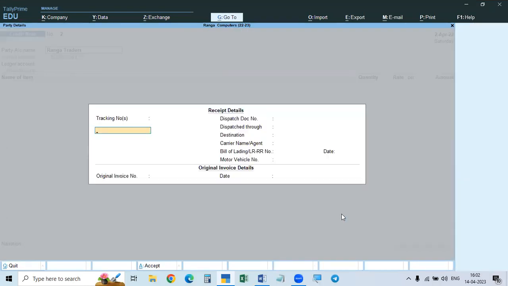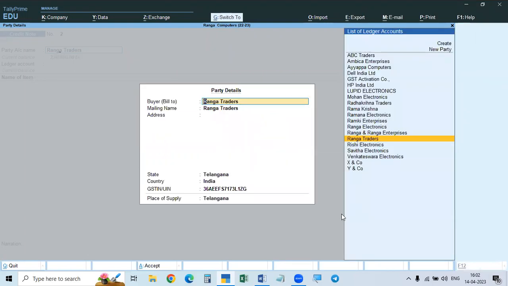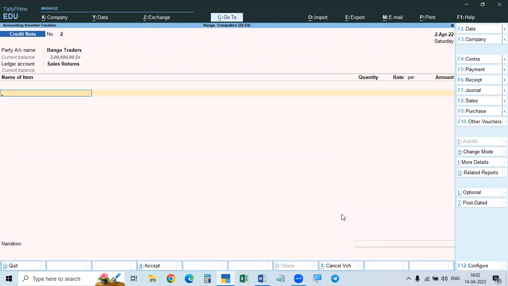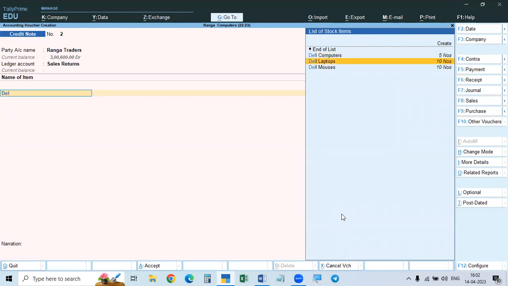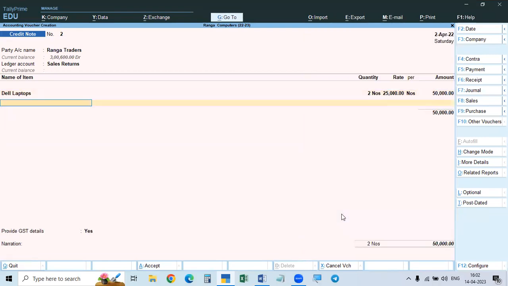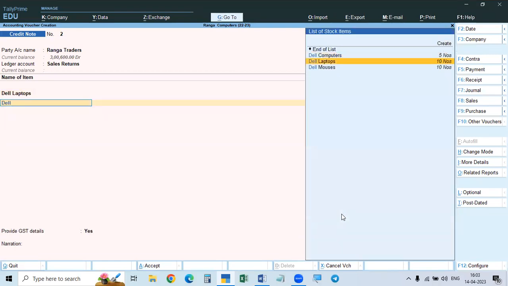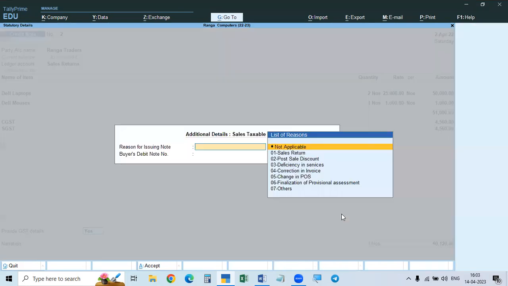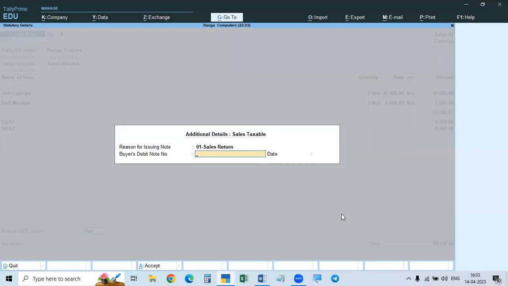Ranga Traders, 2nd April, and sales returns, and Dell laptops, 2 numbers, 25,000 each. Dell mouse, 1,000 each. Then GST, yes, here sales returns, it is 22, 2nd April.